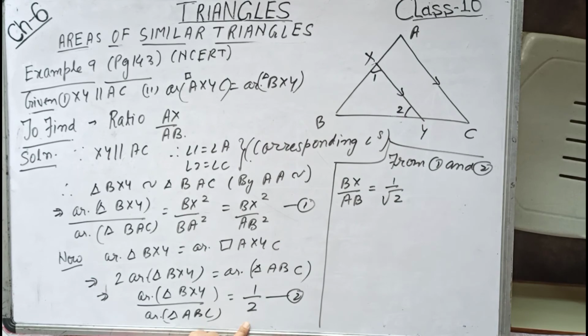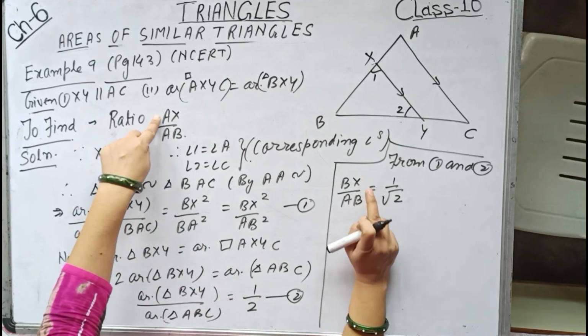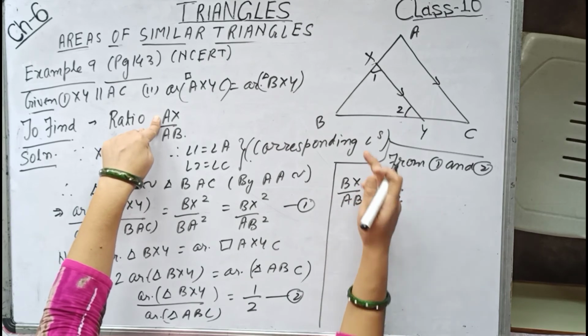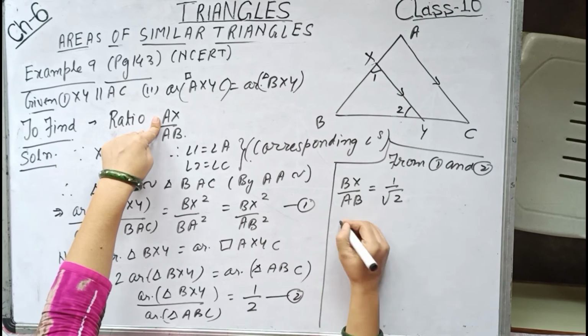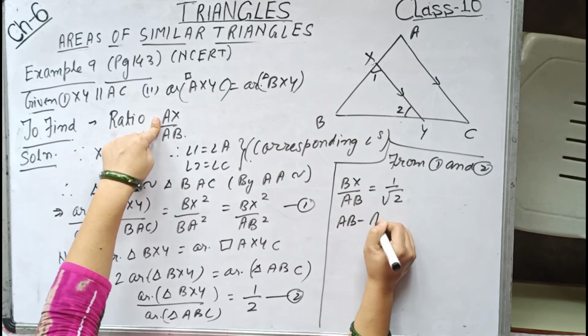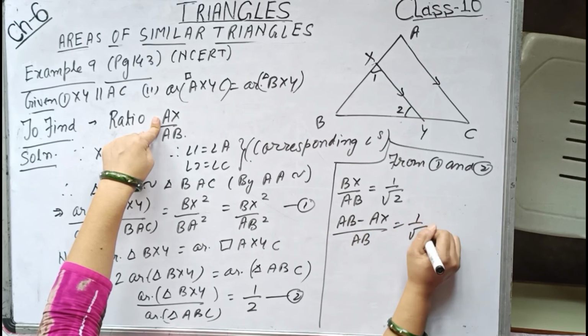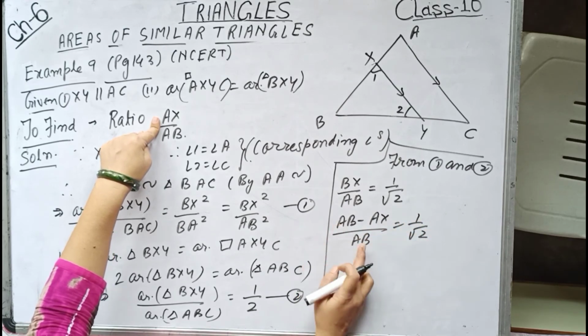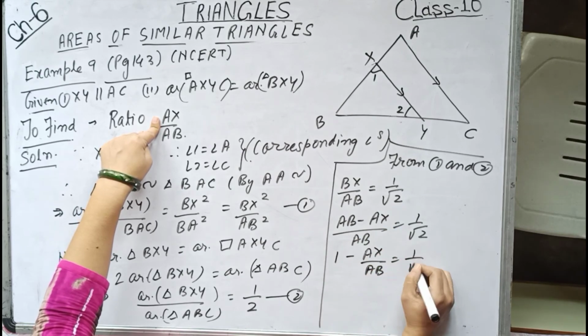Okay. Now we don't need BX, we need AX. So let us convert this BX in terms of AX. Now BX I can write as AB minus AX. So this will be AB minus AX by AB equals 1 by root 2. Now this can be written as AB by AB is 1, minus AX by AB equals 1 by root 2.